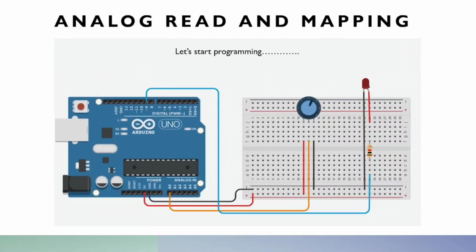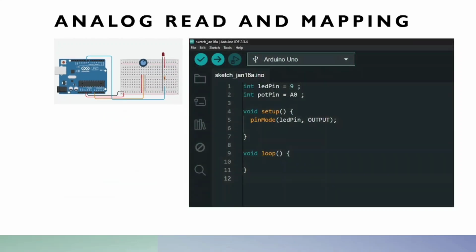Now let's program it. First of all, we follow the basic structure. We are using the LED pin, pin number 9, and the potentiometer pin is connected to pin A0. So we have created variables for both of them. Then we will set the pin mode for the LED as output, because we have to send the signal to our LED.